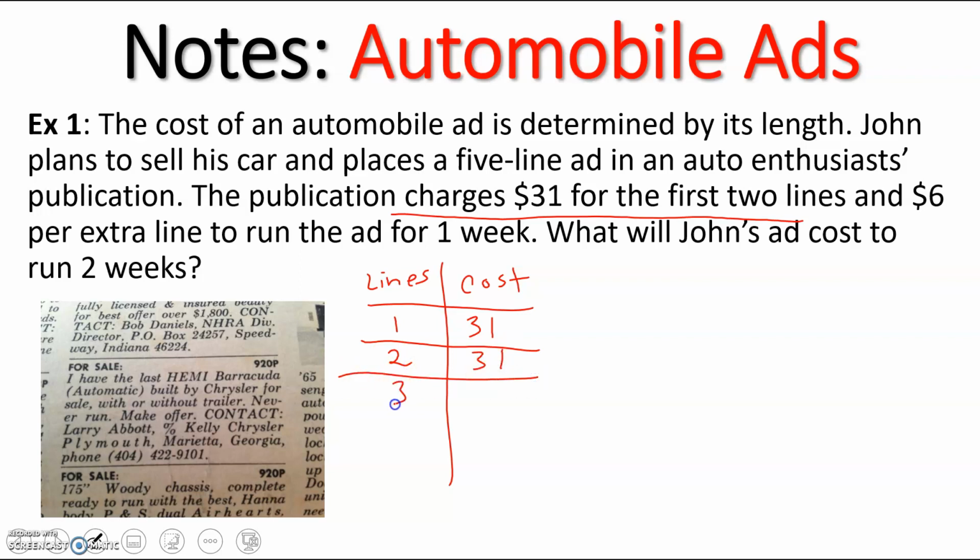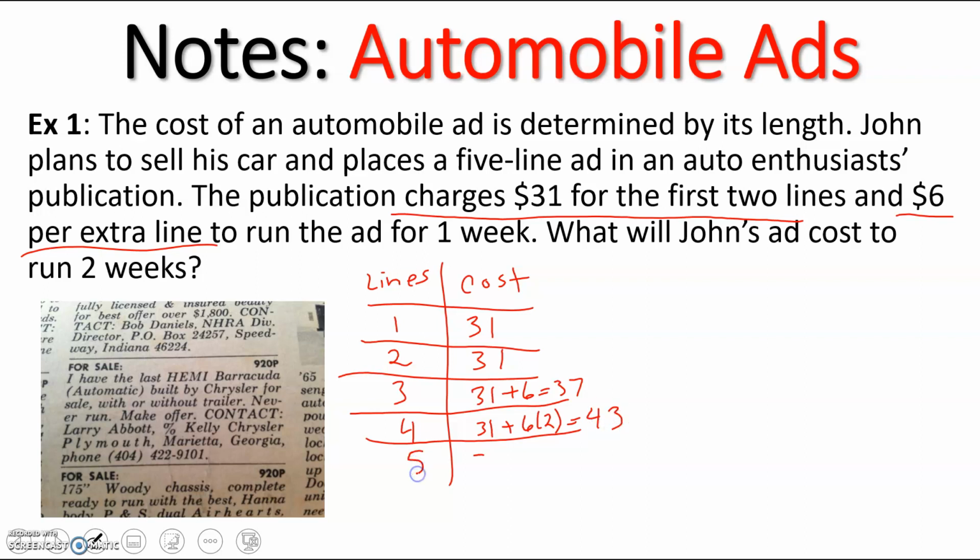If I have 2 lines, that's still a total of $31, okay? If I have 3 lines, it says I'm going to be charged $6 per extra line, okay? So I have 31 plus 6, or $37. If I have 4 lines, that's 31 plus 6 2 times, right? So that is 31 plus 12, or $43.